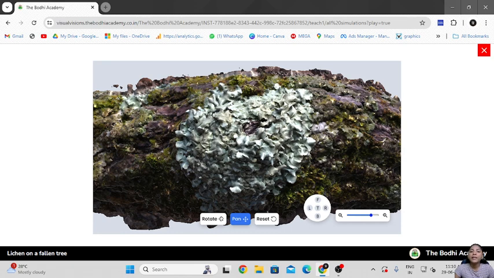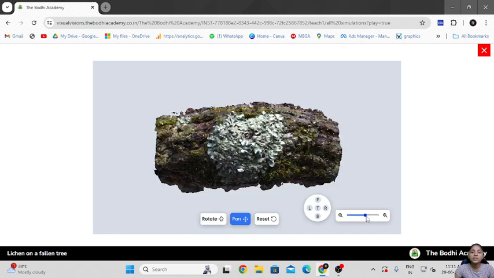Then algae in turn will photosynthesize using this water and nutrients, and then both algae and fungi will share the food that is prepared by the algae. So this is how both algae and fungi are mutually benefited by this symbiotic association.